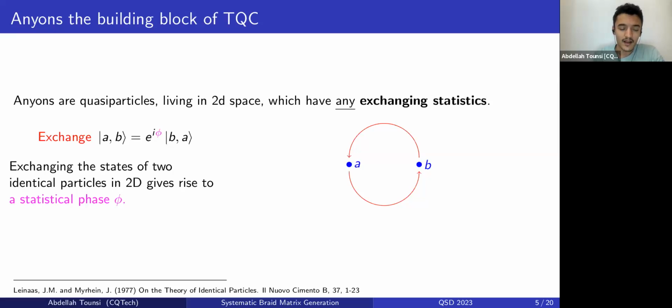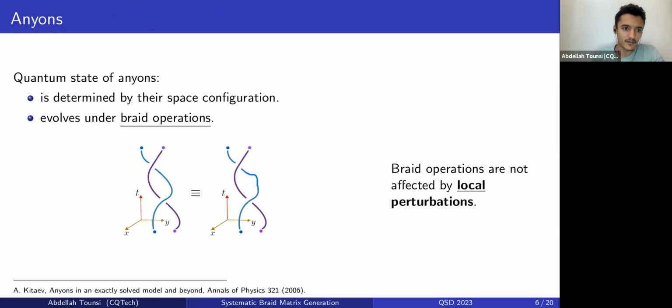So the idea here is that we can implement quantum operations and change the state just by exchanging particles. In summary, the quantum state of anyons is determined by their space configuration, or their arrangement, and the quantum evolution of such systems is described by braids.